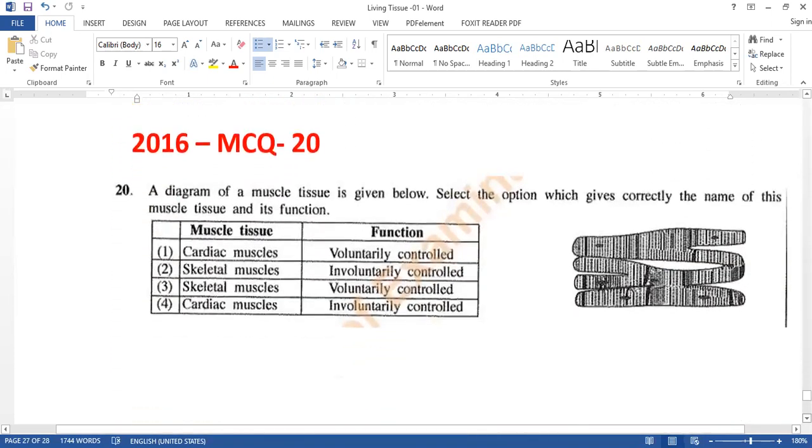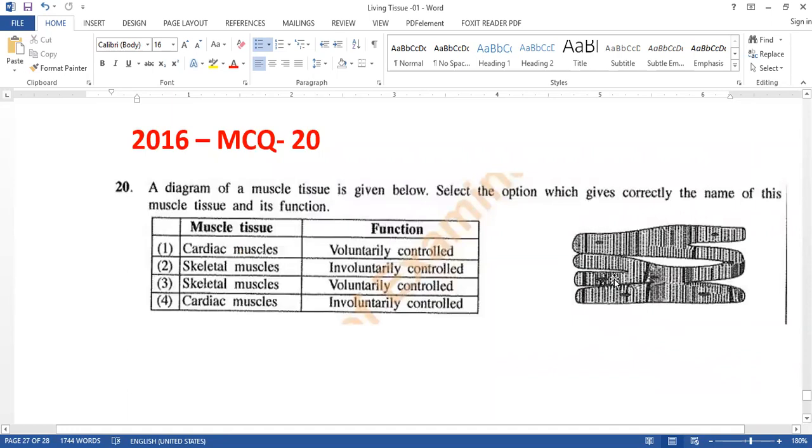So come to this one, please answer this one. This is a type of what type of tissue or cells? It is a cardiac muscle cell. So the tissue which is given is the cardiac muscle tissue. And what about the function?